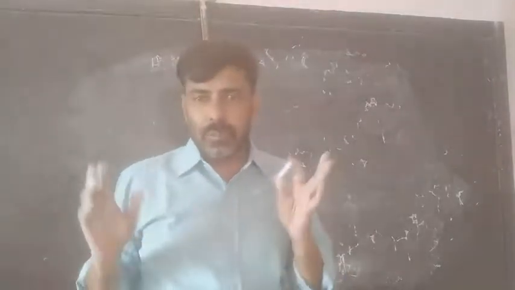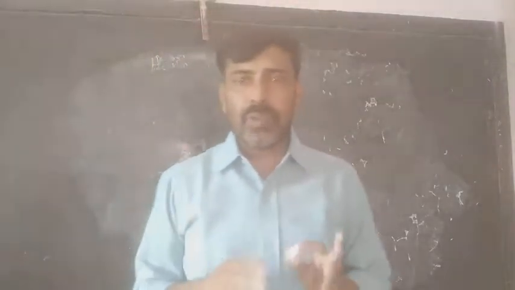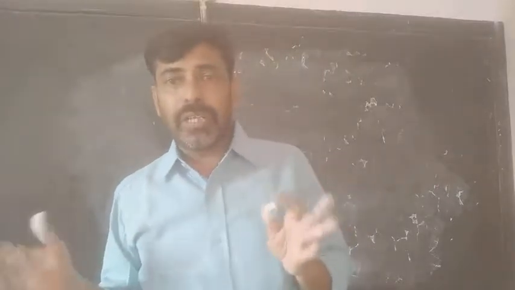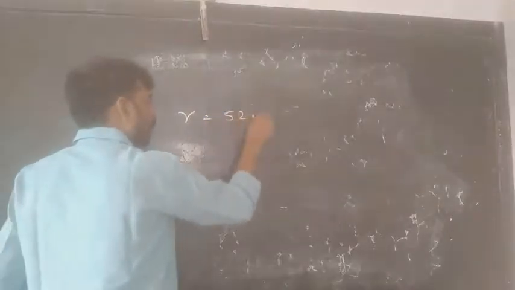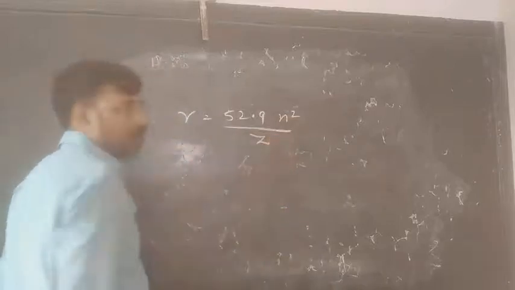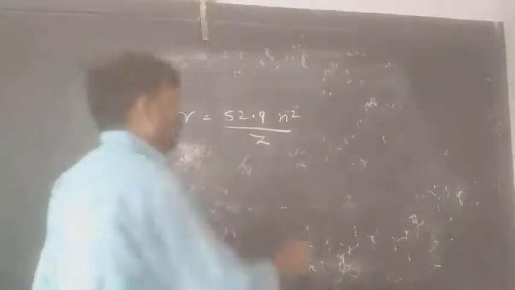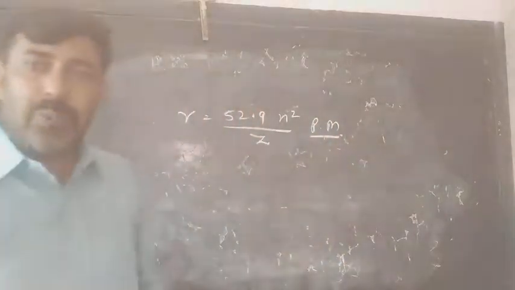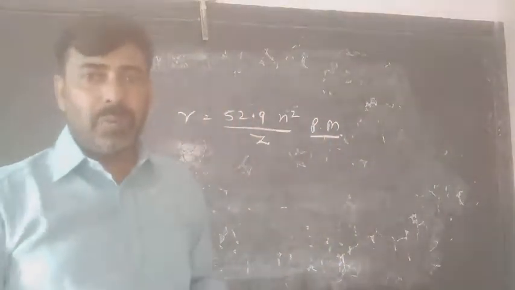As we have discussed the energy of the orbital, just as Bohr told how much energy any orbital will have, similarly the radius will also be needed, that what will be the radius of any orbital. So he says that radius equal to 52.9 n square by Z. The value is in picometer. I think you knew well about the picometer. 1 picometer equal to 10 to the power minus 12 meter.